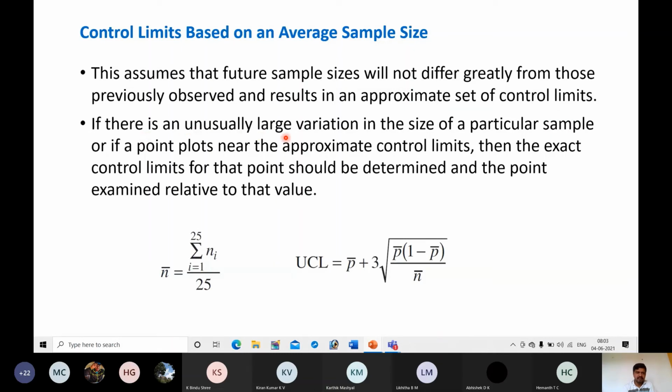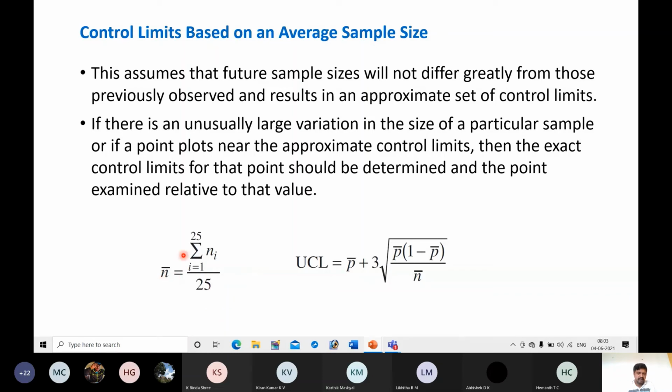If there is an unusually large variation in the size of a particular sample, or if a point plots near the approximate control limits, then the exact control limits for that point should be determined and the point examined relative to that. So you will understand why this should be done.